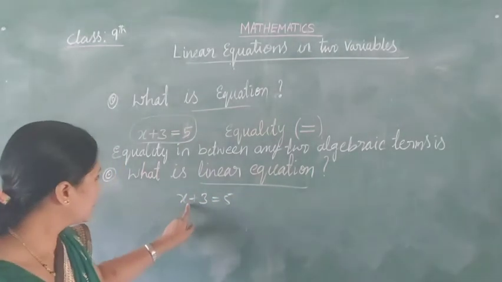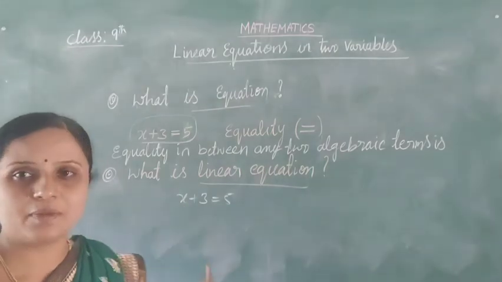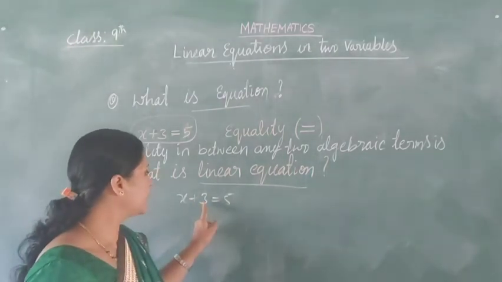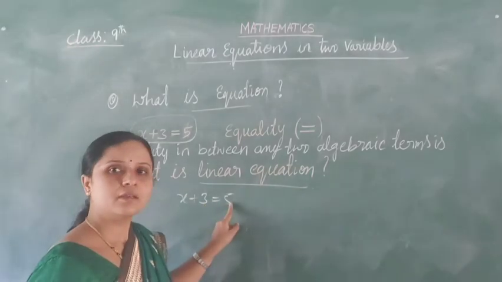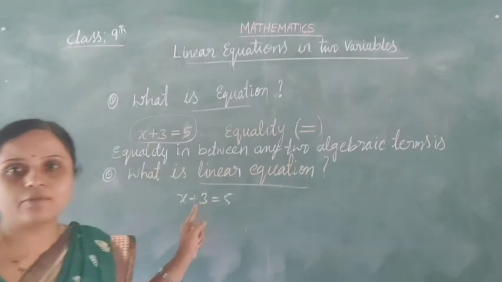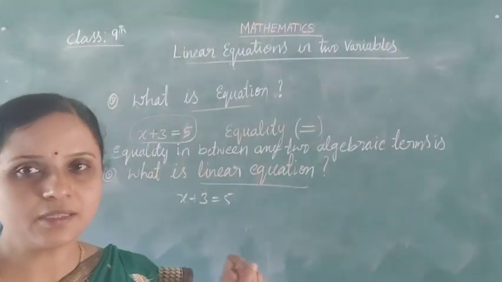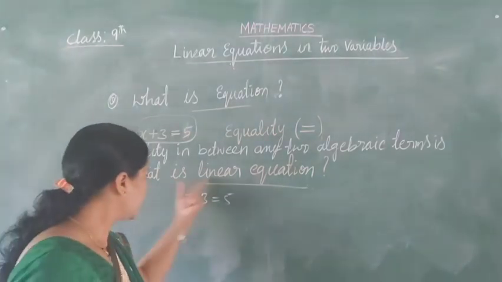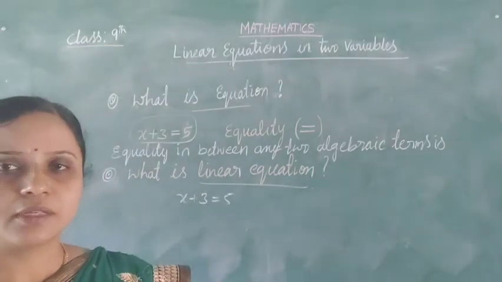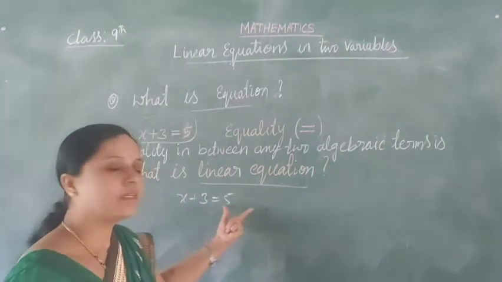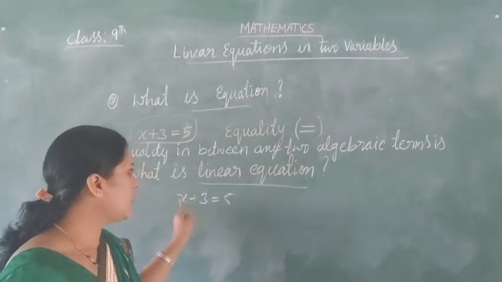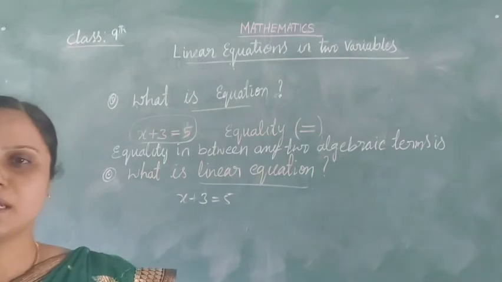In this expression there is only one variable. x is a variable, 3 is a constant, and 5 is also a constant term. In between these two terms we put an equality symbol, that is equals. So this is an example of a linear equation. In the starting you were already given the examples. In the same way, this is a linear equation. Now tell the definition of linear equations.